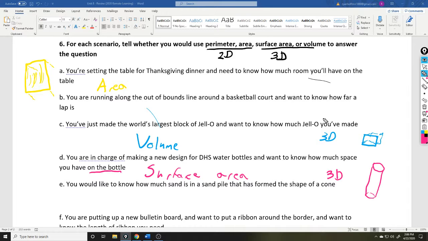Remember, the way I've been talking about it is perimeter is fencing or bordering, area is carpeting, a two-dimensional space. I always talk about surface area like packaging or labeling, and then volume is filling, or how much space does it take up. So that's what these questions are asking.